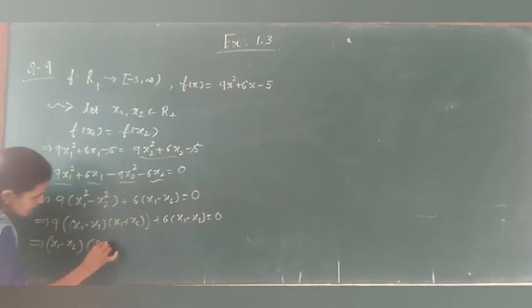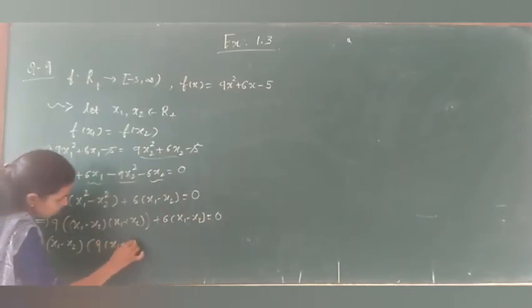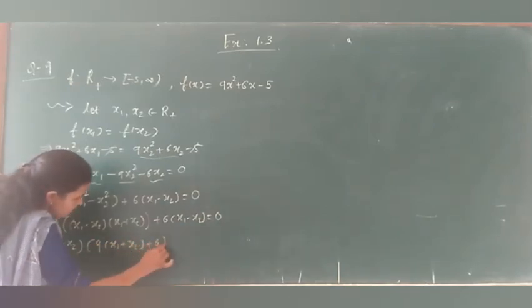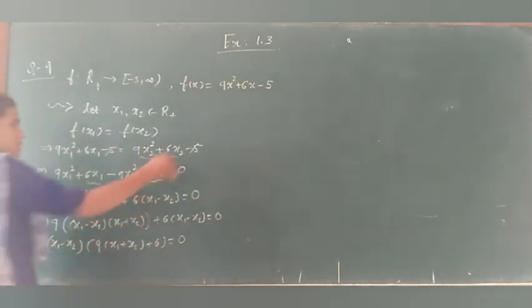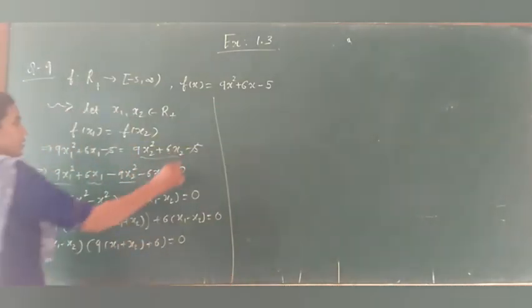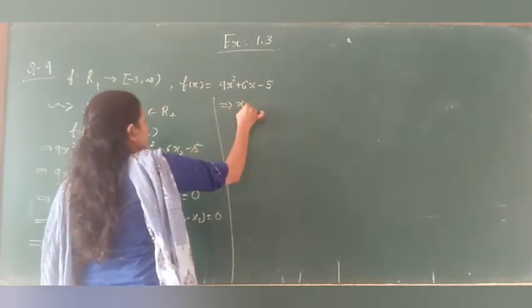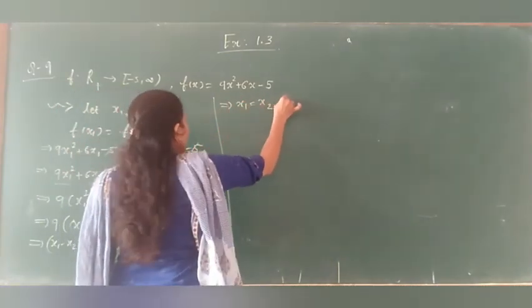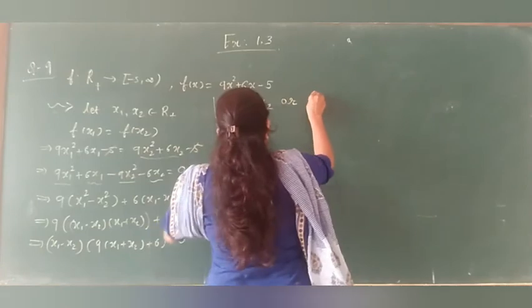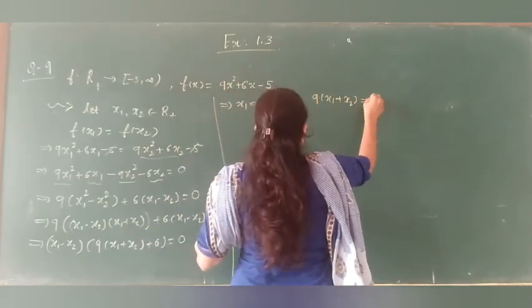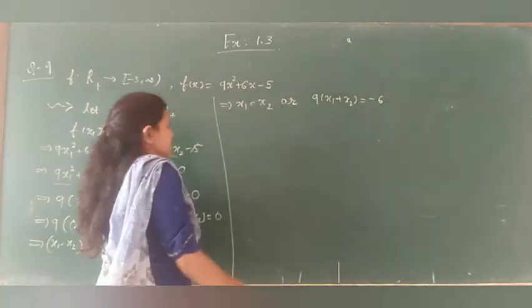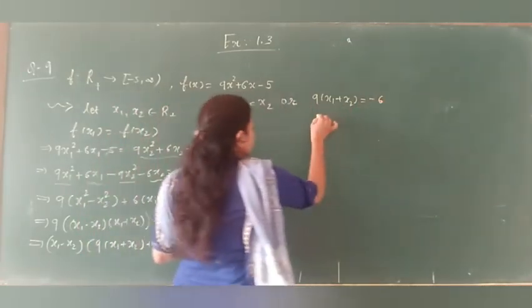The remaining is 9 in a bracket x1 plus x2, plus 6 is equal to 0. So that means it gives us x1 is equal to x2, or 9 times x1 plus x2 is equal to minus 6.